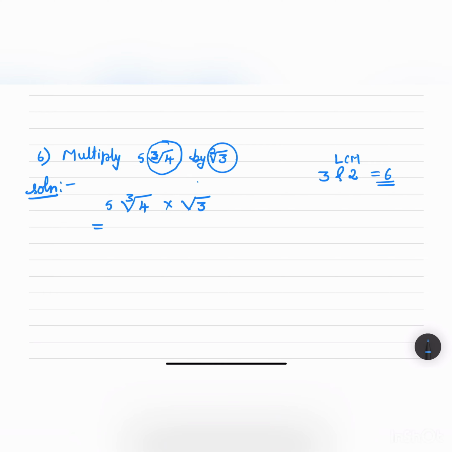We multiply the 3 by 2, so it becomes 6th root of 4 square, because we multiplied by 2. For the square root of 3, we multiply the root by 3, so it is 6th root of 3 power 3. So 5 into 6th root of 4 square, which is 16, into 6th root of 3 cube, which is 27.